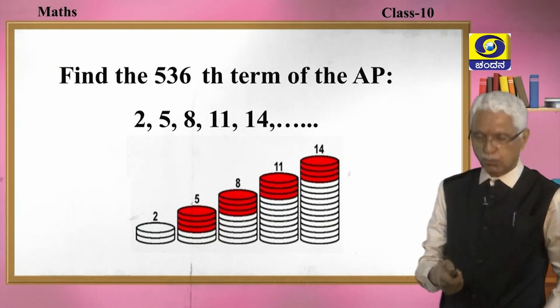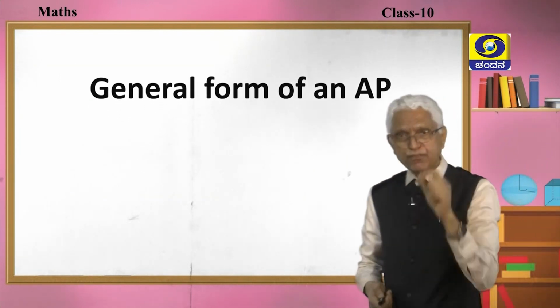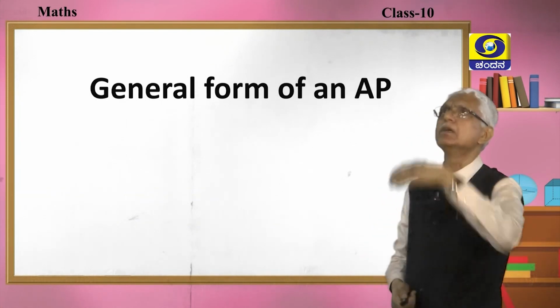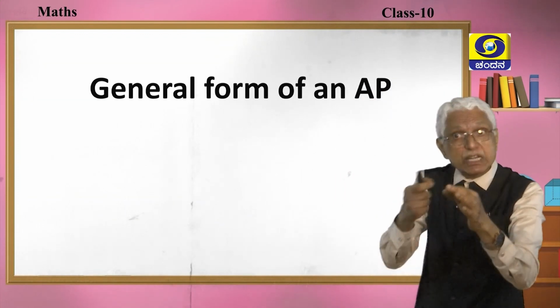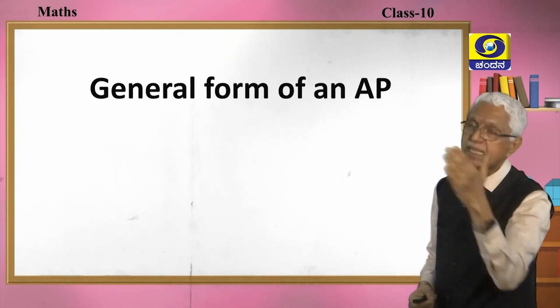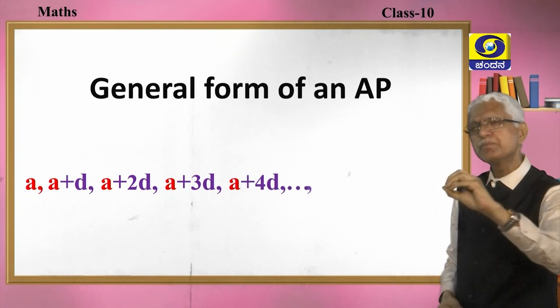If you want to find out any particular term of an AP, 100th term, 50th term, 1000th term, you can find it, correct? But not by adding the common difference, for which mathematicians have thought of a brilliant, simple formula.